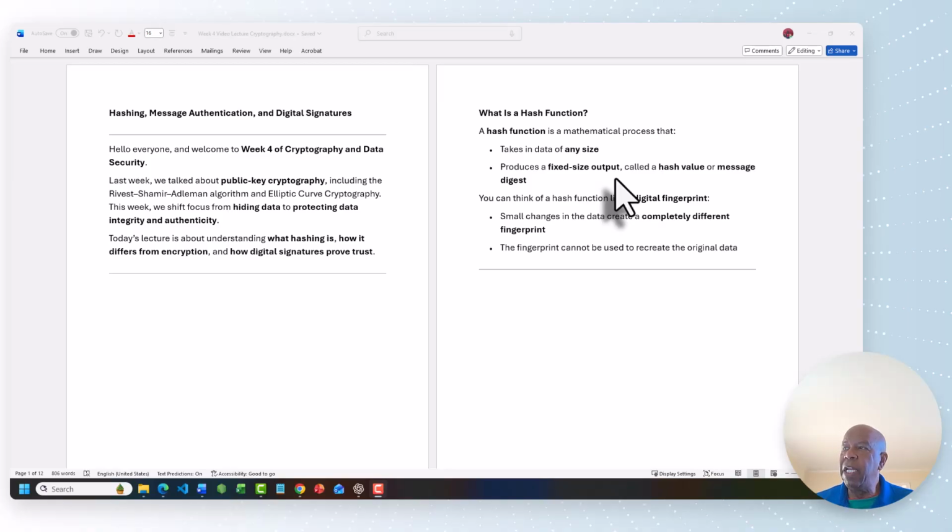You can think of a hash function like a digital fingerprint. On your fingers, you have fingerprints. Those fingerprints identify you. That is what we're producing with a hash function based on the data we're trying to encrypt. The fingerprint cannot be used to recreate the original data. Small changes in data create completely different fingerprints. Key to remember.